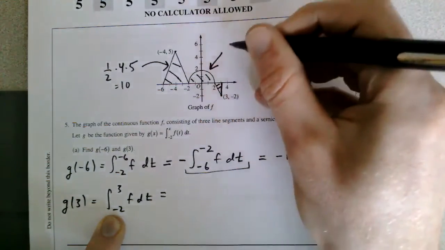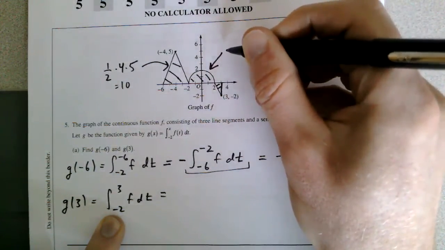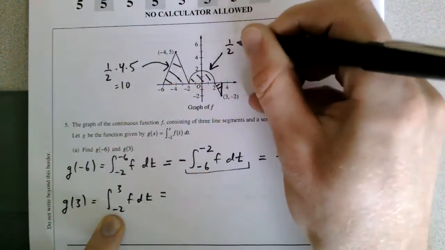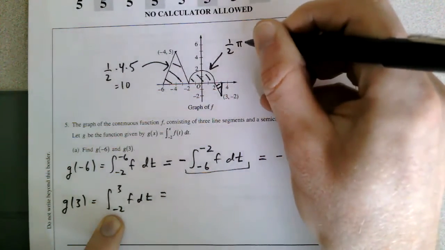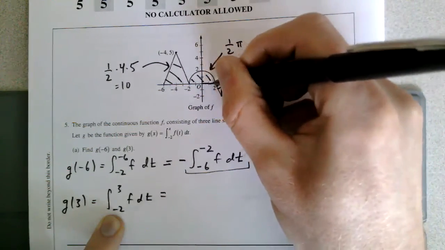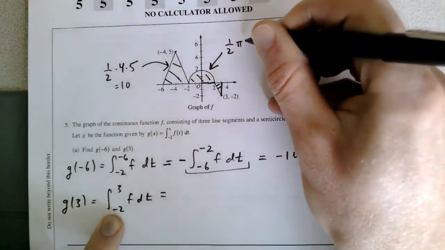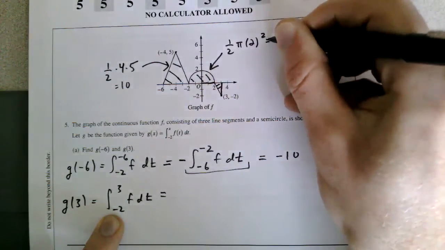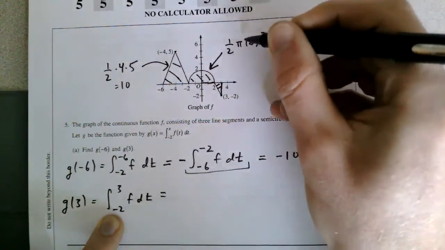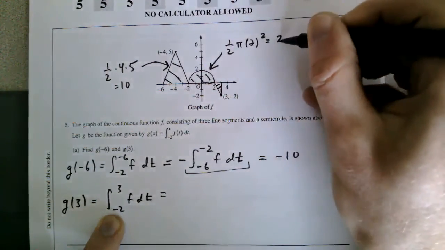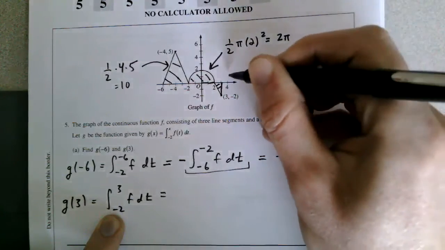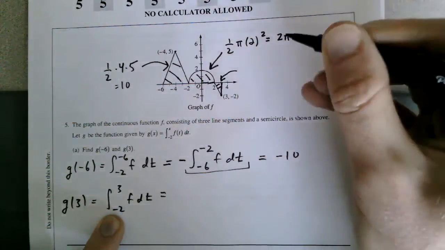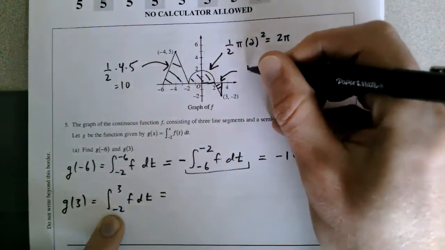The area of the semicircle is 1/2 pi r squared because it's half of a circle. What is r? It looks like it's 2. So 1/2 pi times 2 squared, which is 1/2 times pi times 4. So that's just 2 pi. And then this little region here, the little triangle below the x-axis, it's 1/2 base times height.